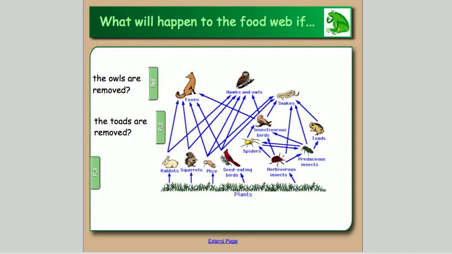If the toads were removed, then snakes would not have one of their food sources, and the predaceous insects would become too plentiful. What if the mice were removed? If the mice were removed, the foxes, hawks, owls, and snakes would not have one of their food sources and would have trouble having enough to eat.